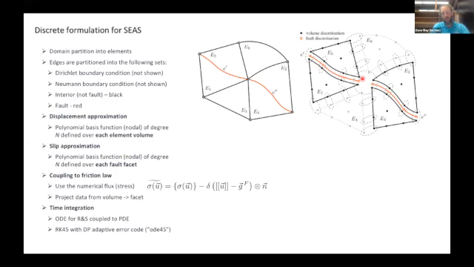So on these faces here, we introduce a new function space for representing quantities that are going to be defined on the face. So slip rate, shear stress, normal stress, those things are going to live on their own function space of the same polynomial degree as the function space used for displacement over each of these cell volumes.